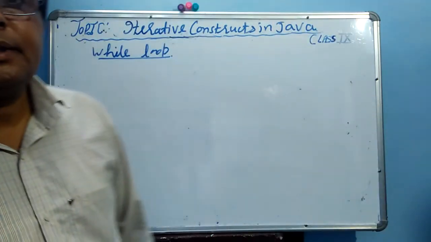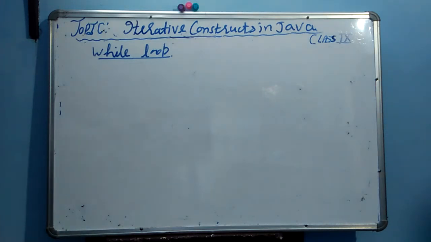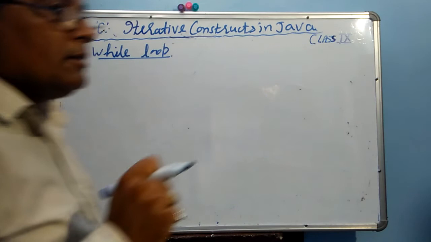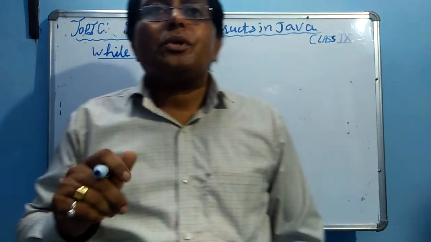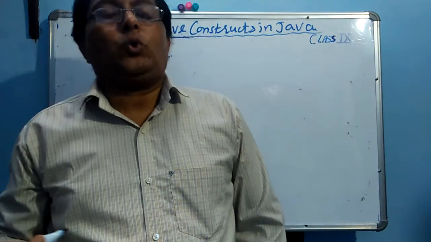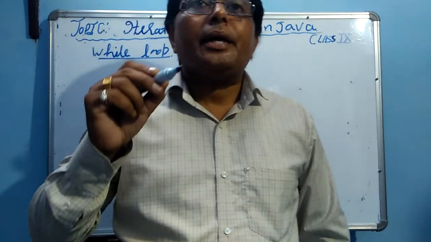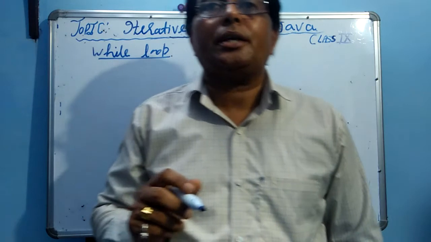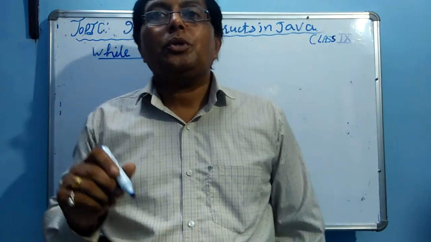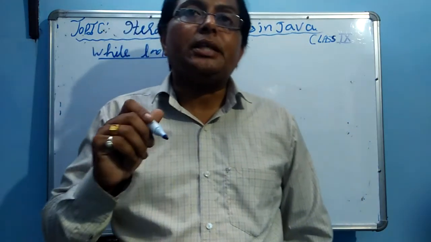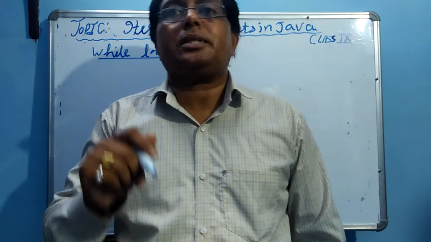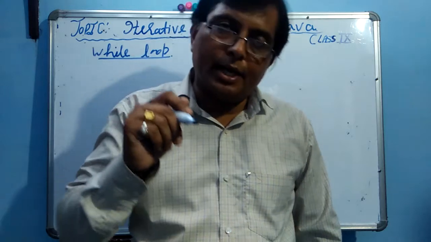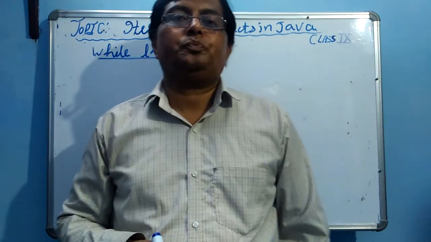So students, one more time I will repeat: the while loop or entry control loop. In some situations, the while loop is an unfixed iteration type. It executes a set of statements till a given condition is true.